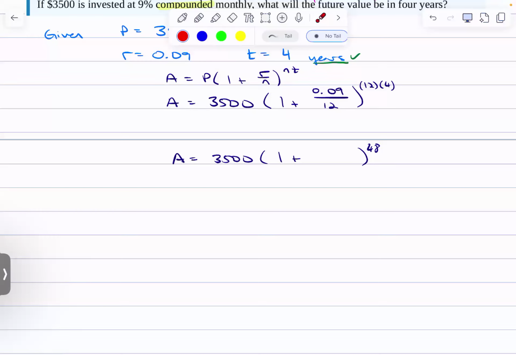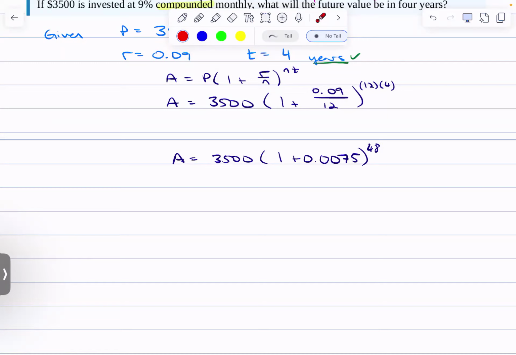0.09 divided by 12. Is it anything nice? Well, it's not repeating. It's just tiny. It's not nice, but it is just that, in scientific notation. So I'm not rounding anything.